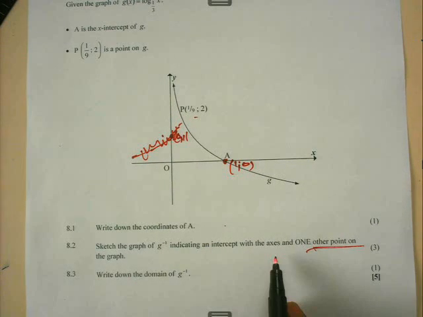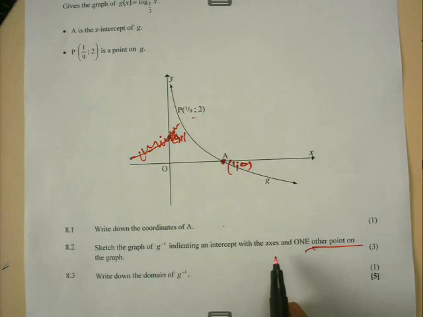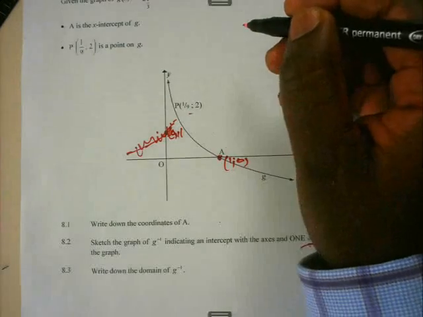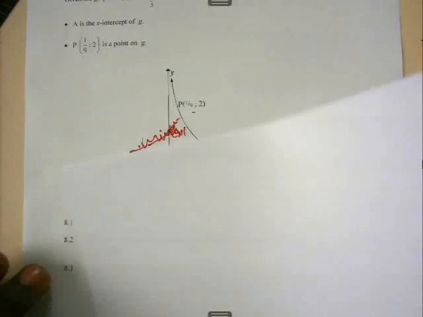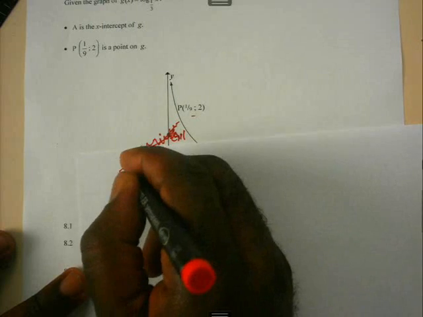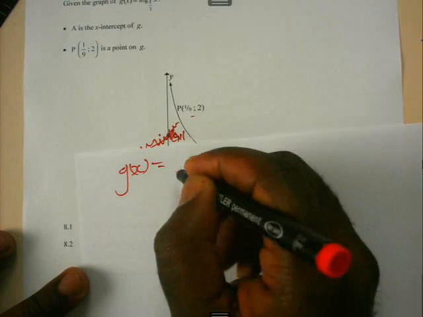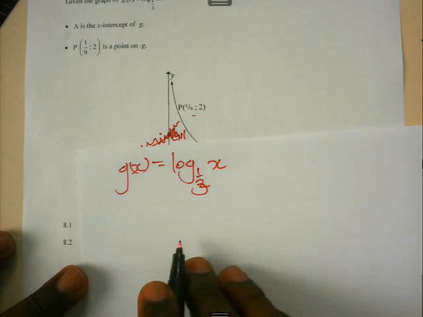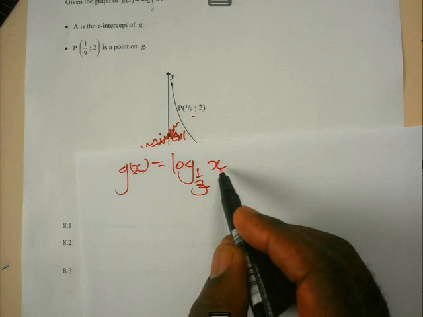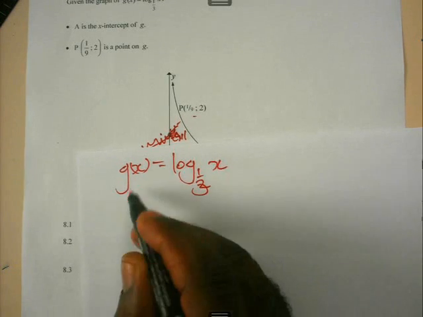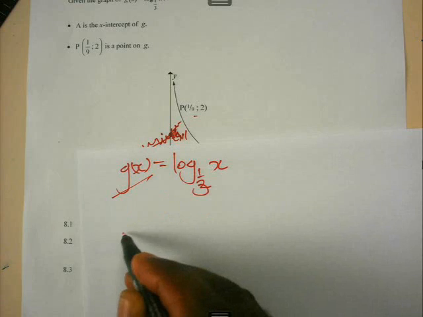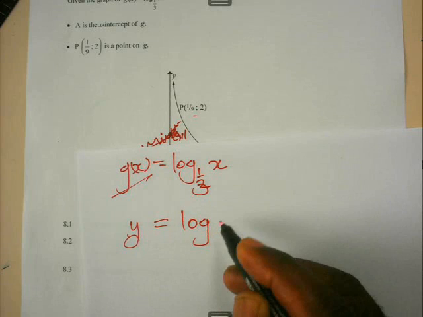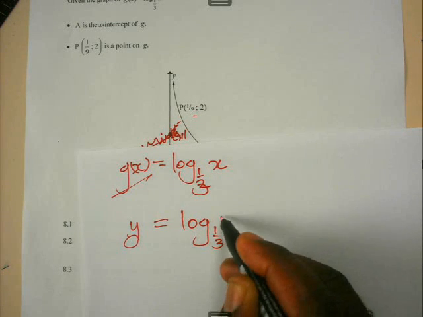But before we can sketch the graph, we must first determine the equation for that. If the equation for the main function, g of x, was equal to log to base 1/3 of x, the inverse must be an exponential. Remember, to make life easy, we can always turn this into y, write it in terms of y, then we have log to base 1/3 of x.